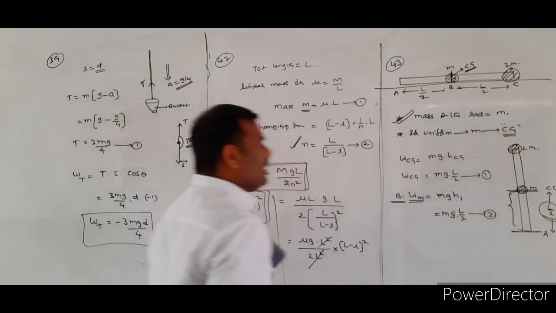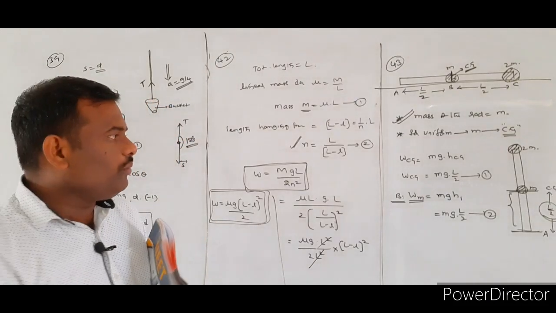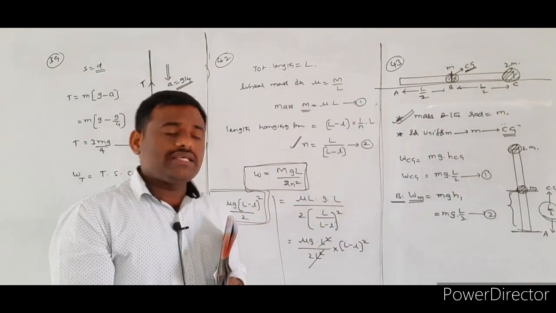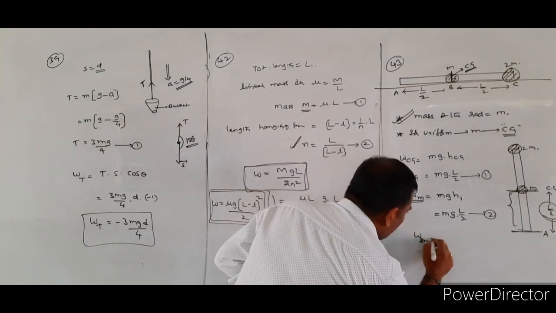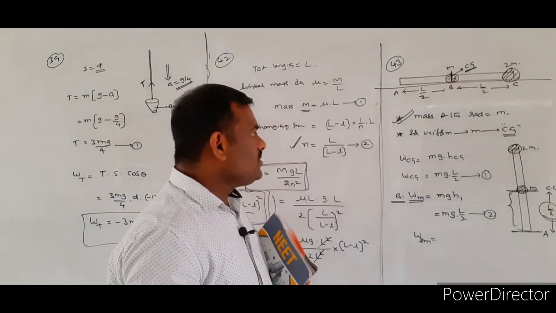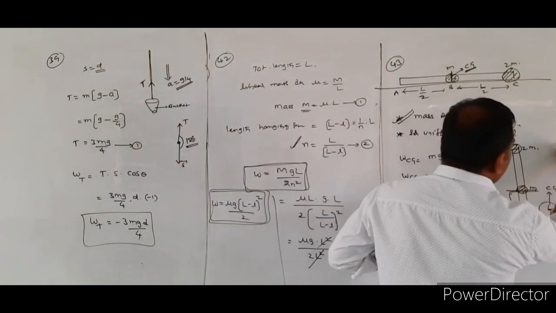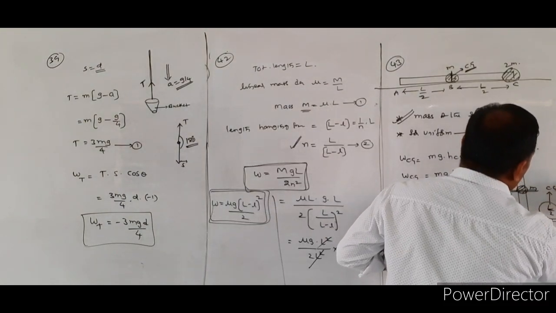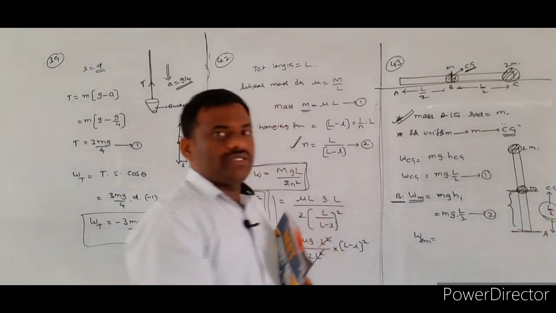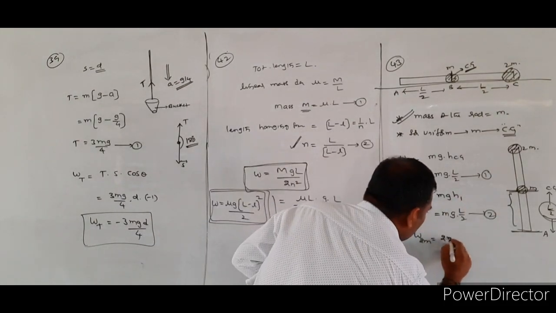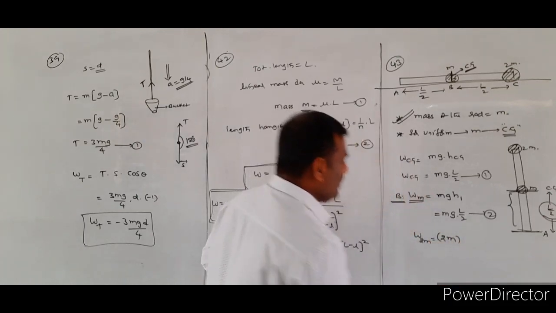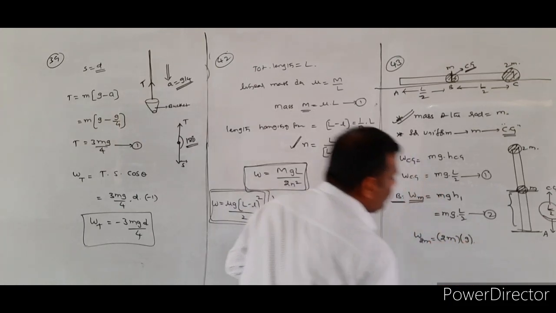Next, the work done for the mass 2m. The 2m mass will be lifted through a height of h2 equal to capital L. Therefore, the work done for the mass 2m: its mass is 2m, acceleration due to gravity is g.